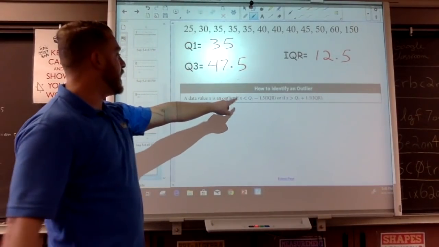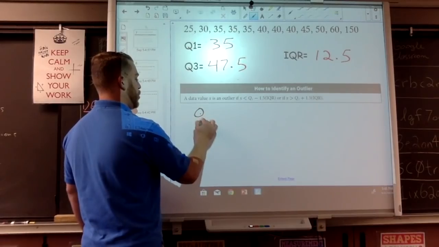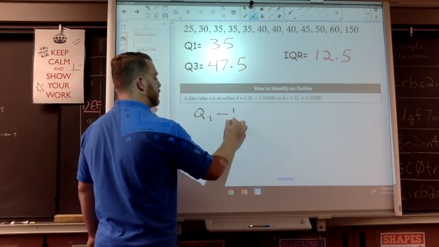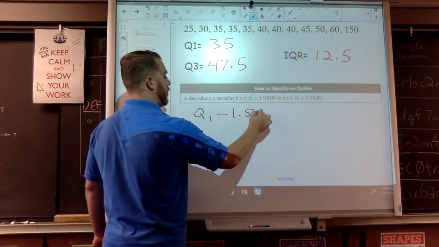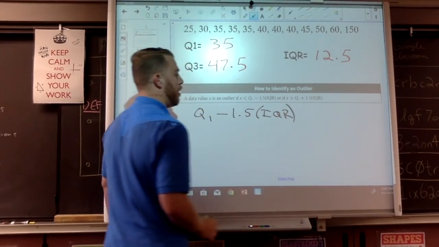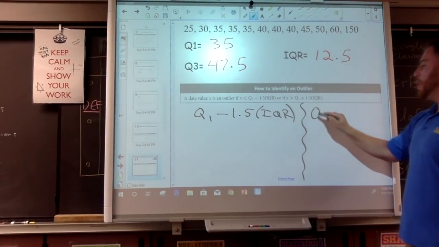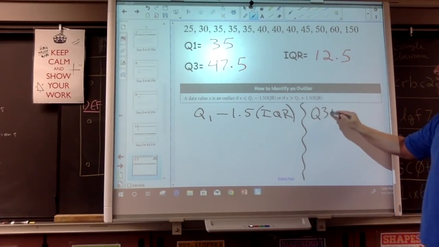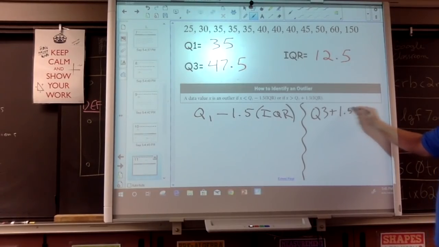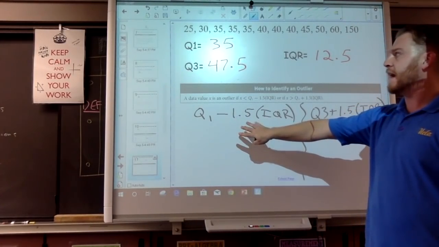We're going to use again this formula for the outliers, Q1 minus 1.5 times the IQR, and Q3 plus 1.5 times that IQR. Let's work over here on this side first.